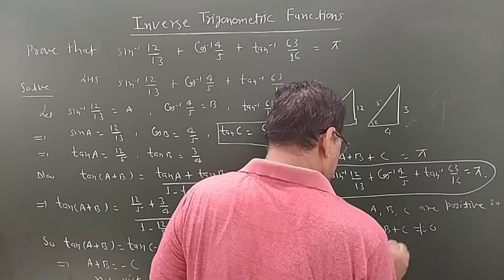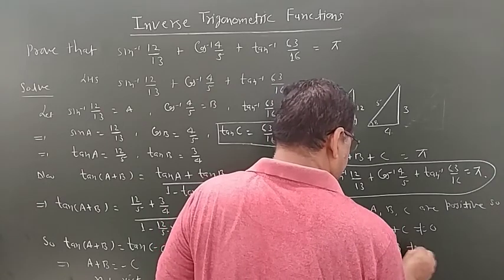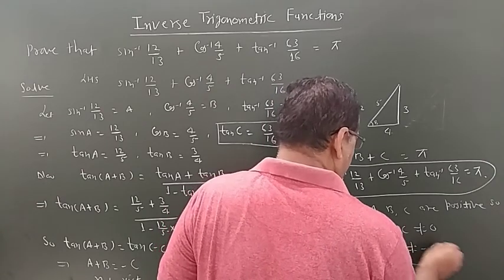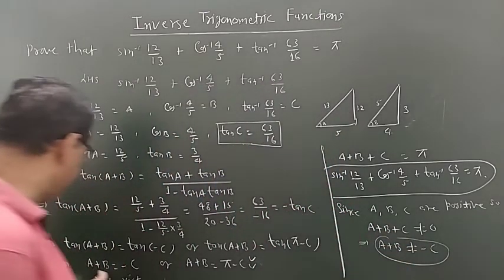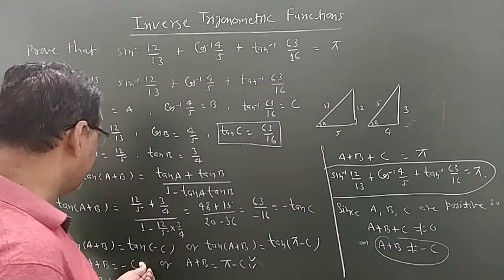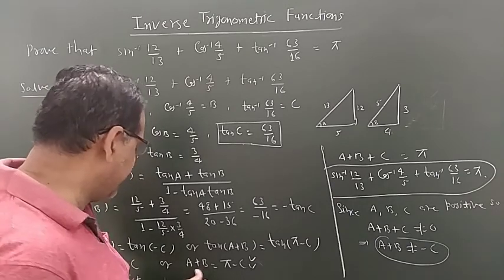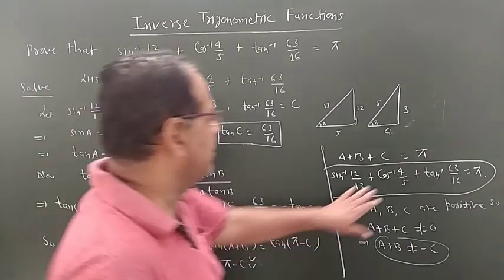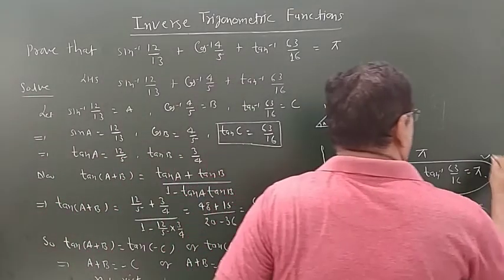That means A plus B can never equal minus C. So this condition is not correct for the question. So we only have this option, A plus B equals pi minus C. So this is the correct option.